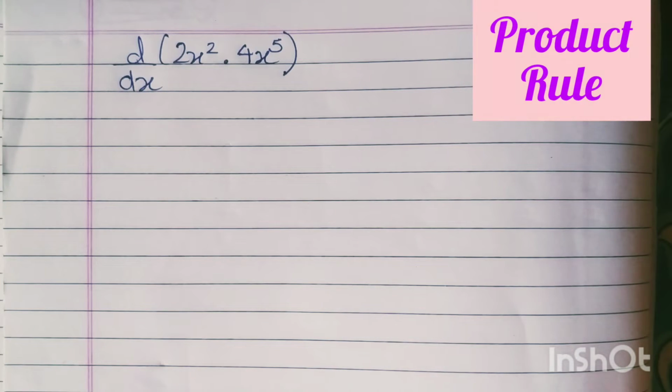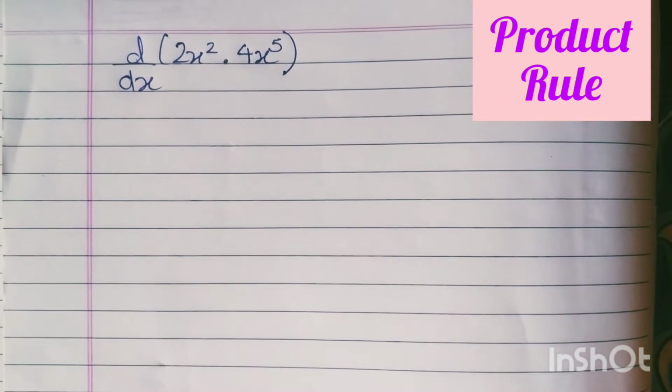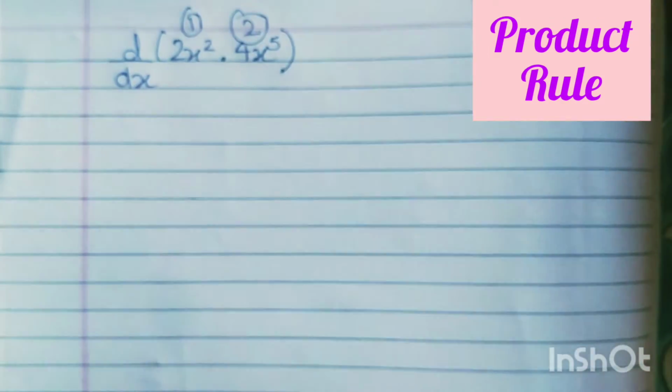Now what if we want to differentiate this function, that is the differentiation of 2x square into 4x raised to the power of 5 with respect to x? From the product rule, we will remember that first I will name them: this is your first term and this is your second term.